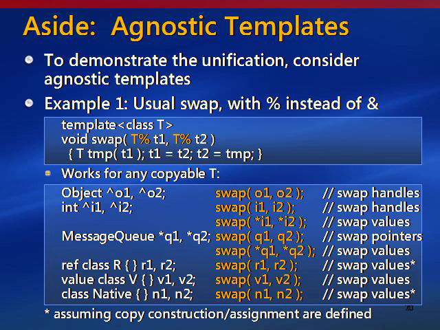So as an aside, all of this algebra that we've developed for pointers and handles gives you the ability to write some very cool templates that work on pretty much any code. In this case, if I want to write a swap, I can just use %, and that handles garbage collectedness just as well as it handles anything that's on the native heap or on the stack.